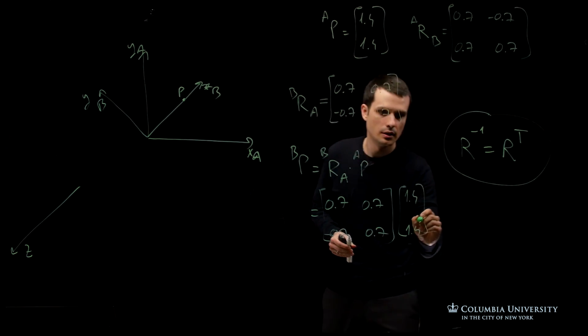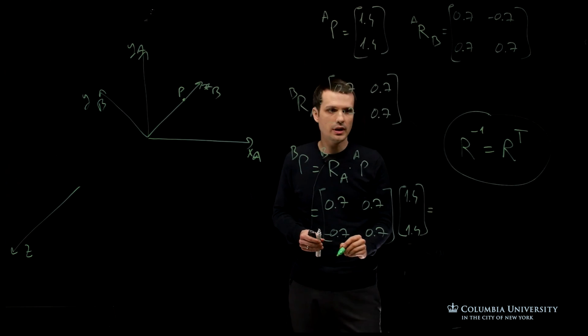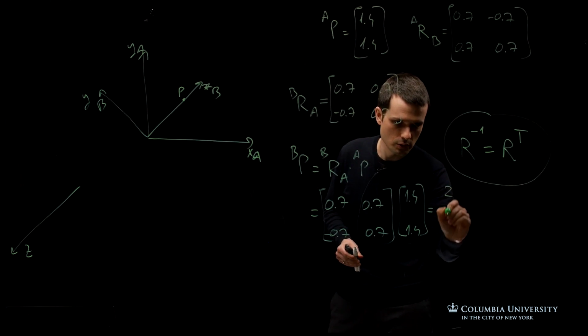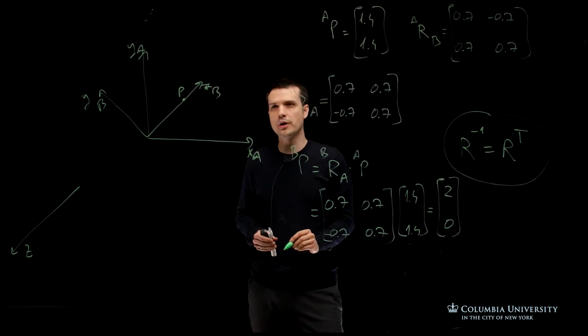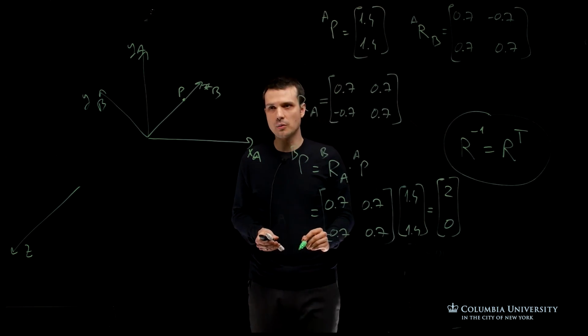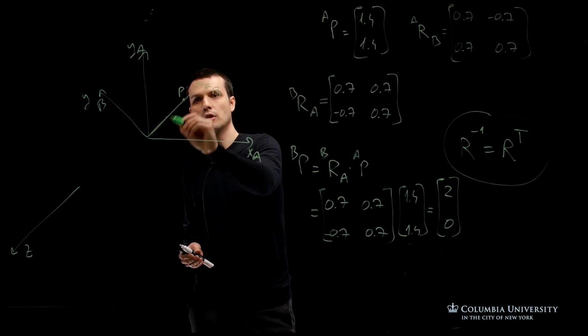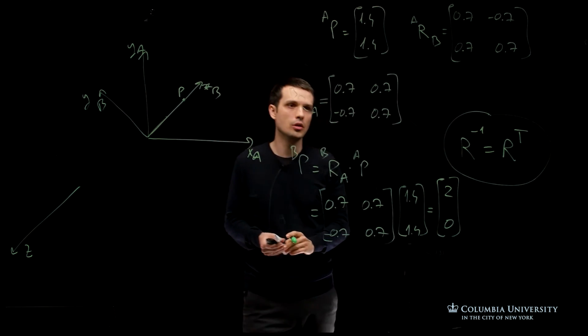Okay. So what we end up with, of course, with a little bit of rounding, is 2, 0, which is the point P in coordinate frame B that we started with at the beginning. And you can see that P in coordinate frame B has coordinate 2 along the x-axis and 0 along the y-axis.